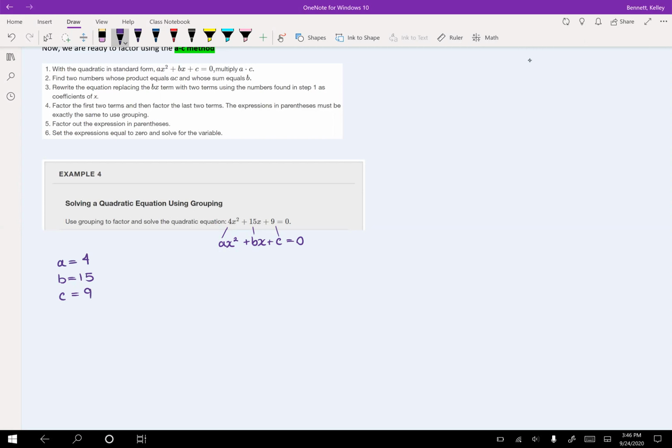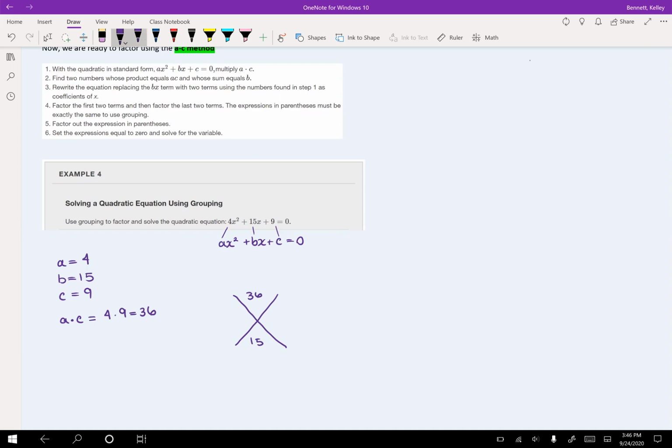A lot of the ways that this is shown, which I actually quite like, is using this diamond method here. I want to first write out what a times c is. So a times c is 4 times 9, which gives me 36. Then I'm going to write out a diamond here, I'm going to write my 36 on top, and then I'm going to write my b on the bottom.